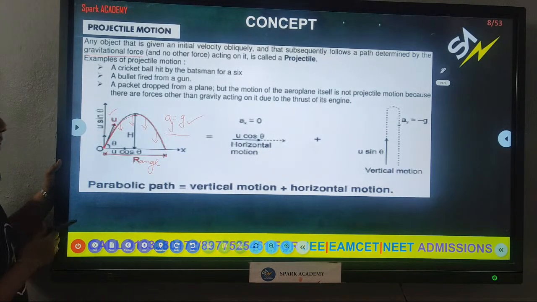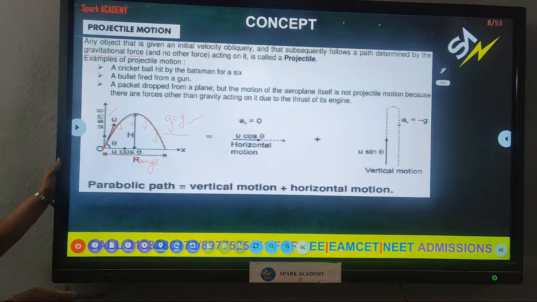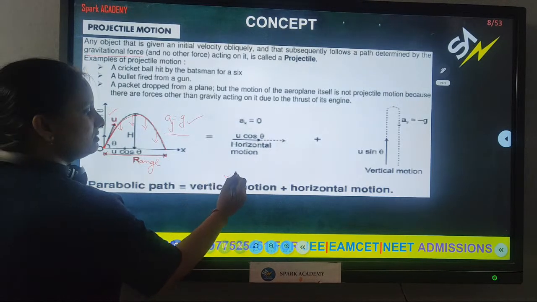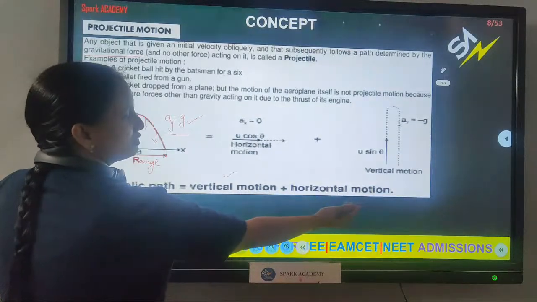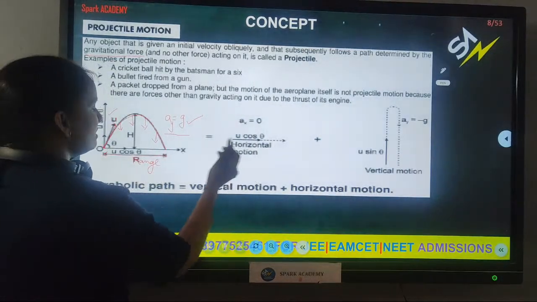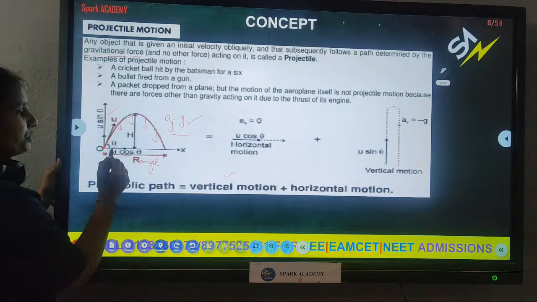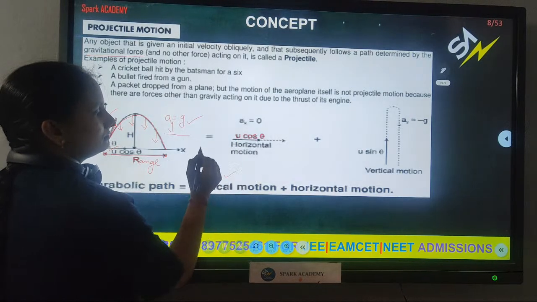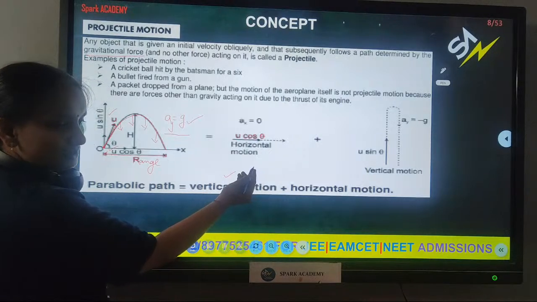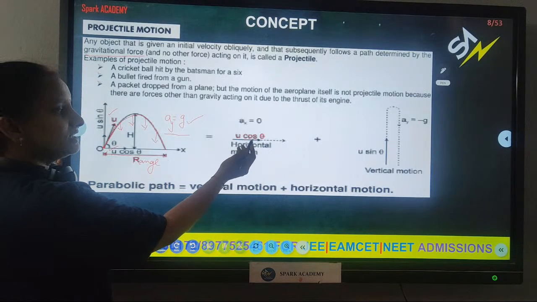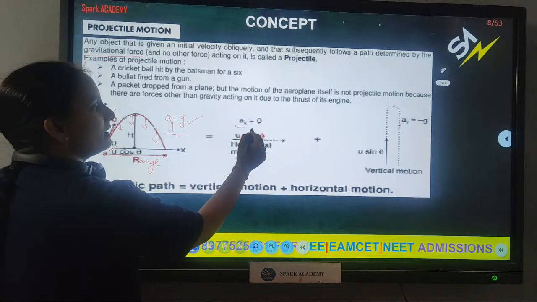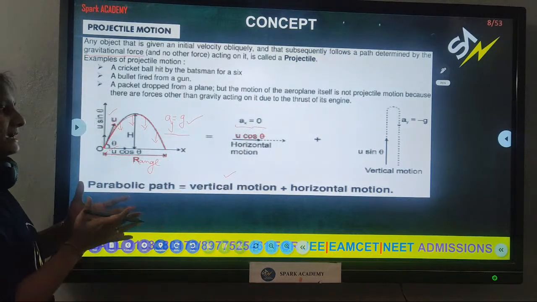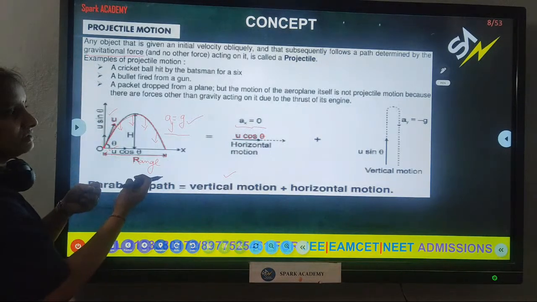So you can say the parabolic path is nothing but vertical motion plus horizontal motion. In horizontal motion, there is a component of velocity u cos theta, and it covers the maximum distance horizontally.